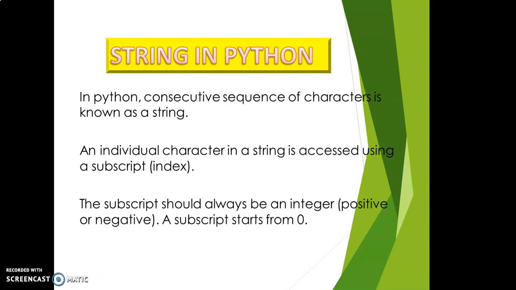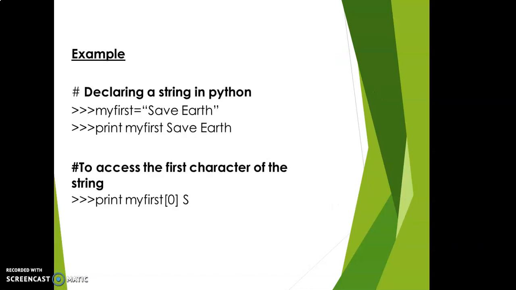Positive means left to right: starting from the zeroth position, then 1, followed by all the numbers till the last. And negative numbers go right to left: the last character will be -1, the second last -2, followed by all the numbers till the beginning. So these will all be covered here.